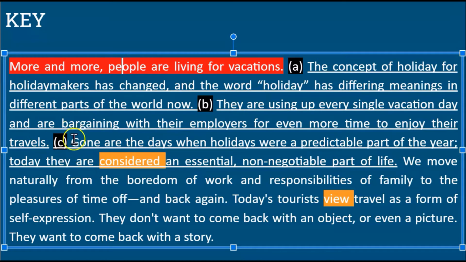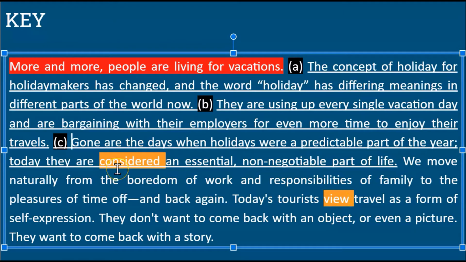As you can see, they are people. And continuing with sentence C, it says, gone are the days when holidays were a predictable part of the year. Today, holidays are considered an essential, non-negotiable part of life. So people consider holidays an essential, non-negotiable part of their lives, right? So this word consider is again seen here in the form of view, another word for consider.